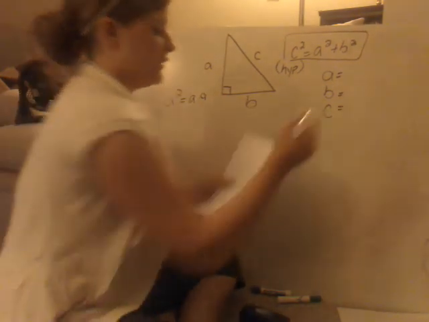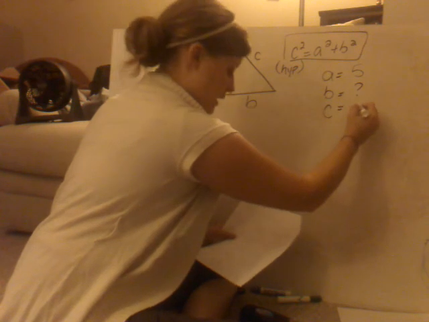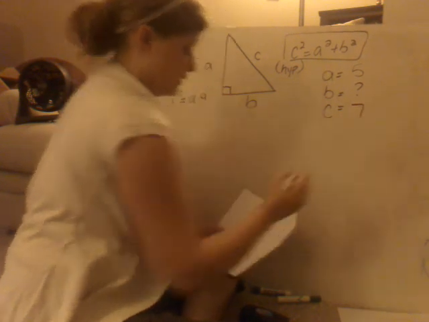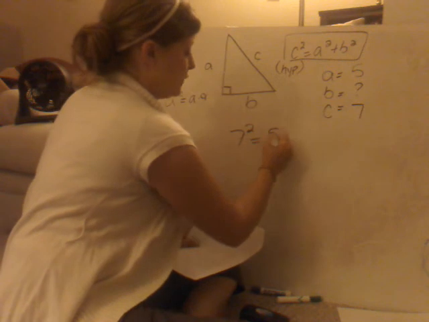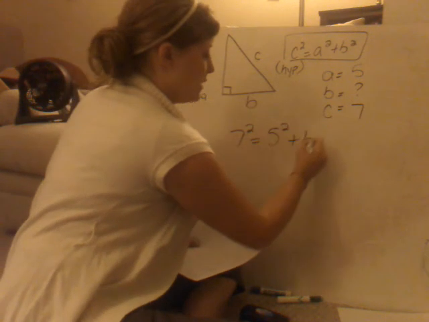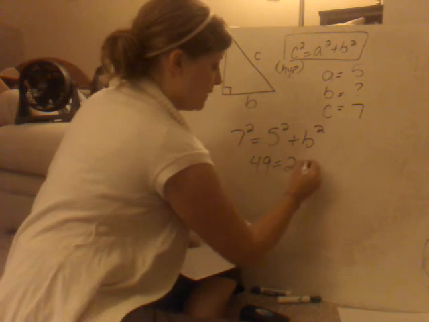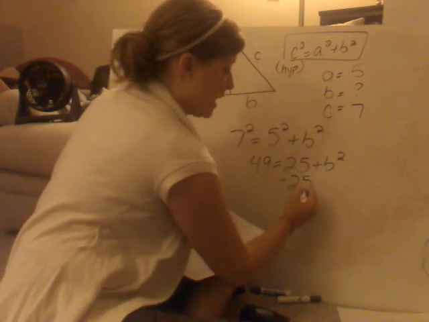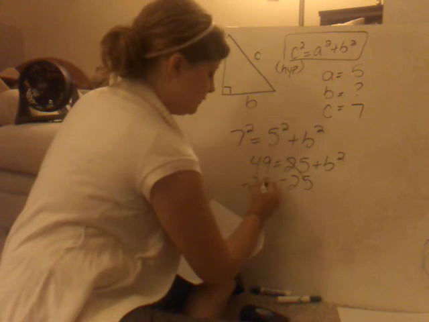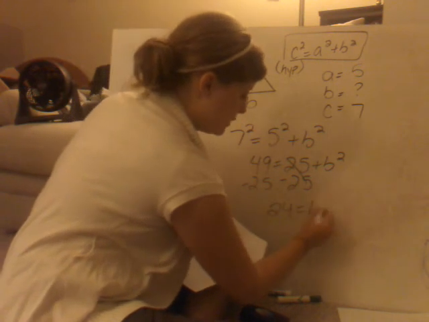Number 13, I tell you that A is 5. I don't know B, so I'm looking for B, and C is 7. So then I have 7 squared is equal to 5 squared plus B squared. I've got 49 is equal to 25 plus B squared. I subtract 25 from both sides. I get 24 is equal to B squared.